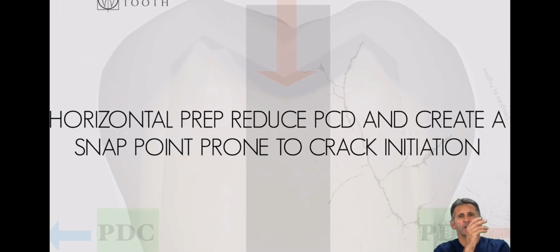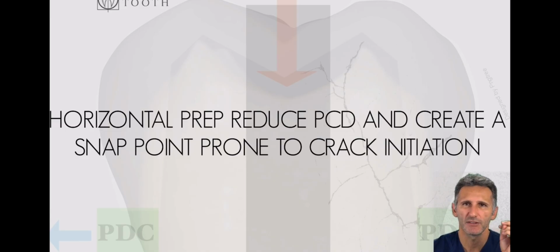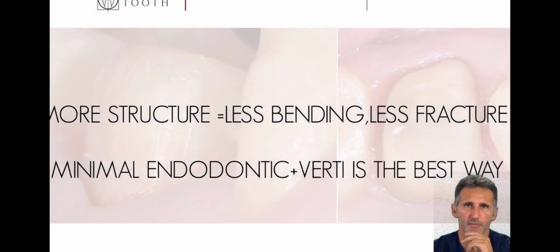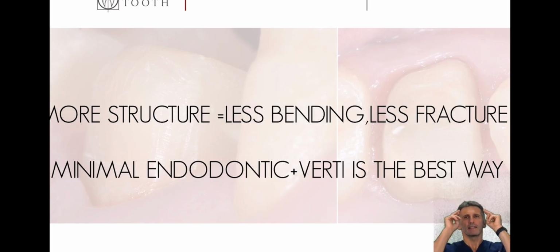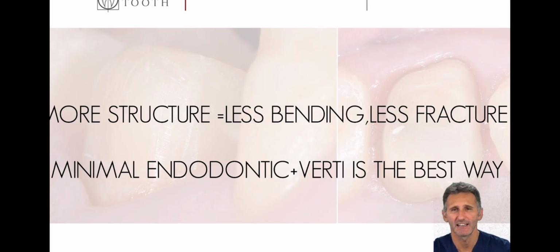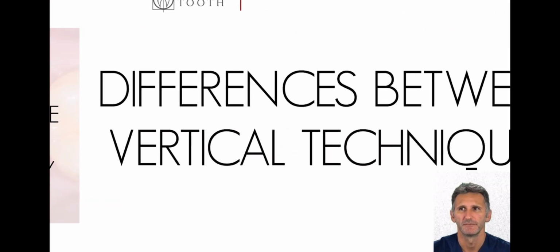So, horizontal preps have another problem. They not only reduce the thickness of the dentin, that biomechanically speaking is the most important material, but they also create a snap point prone to crack initiation. So always keep in mind that more structure means less bending, less fracture, and minimal endodontic access plus vertical technique is the best way.